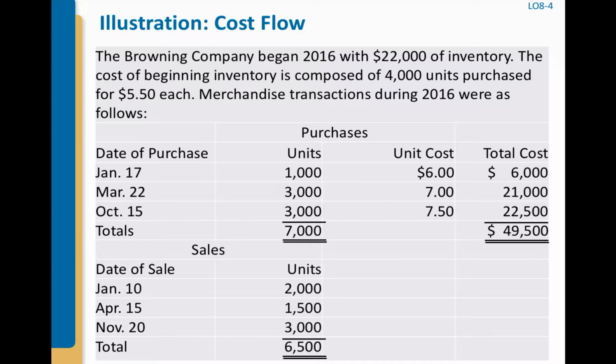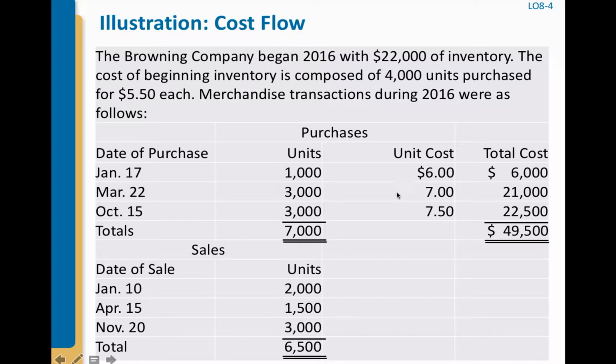So instead of actually tracking each item, we just dump them all into a bin, and we've kept track of how much they cost, and we know that we have a certain number of units that cost $6, a certain number that cost $7, etc. As we sell items, instead of paying attention to which item we're selling, we can assign up to 3,000 of our sales the cost of $7.50. And up to 3,000 of our sales, we can assign the cost of $7 per unit. And up to 1,000 units of our sales, we can assign $6 per unit.